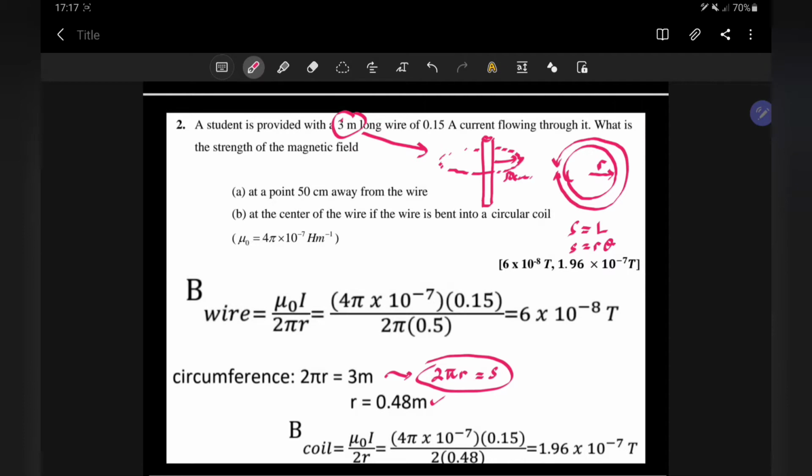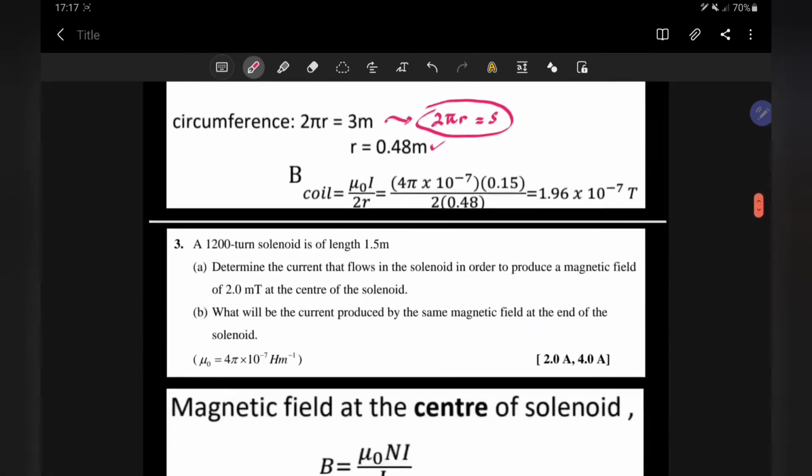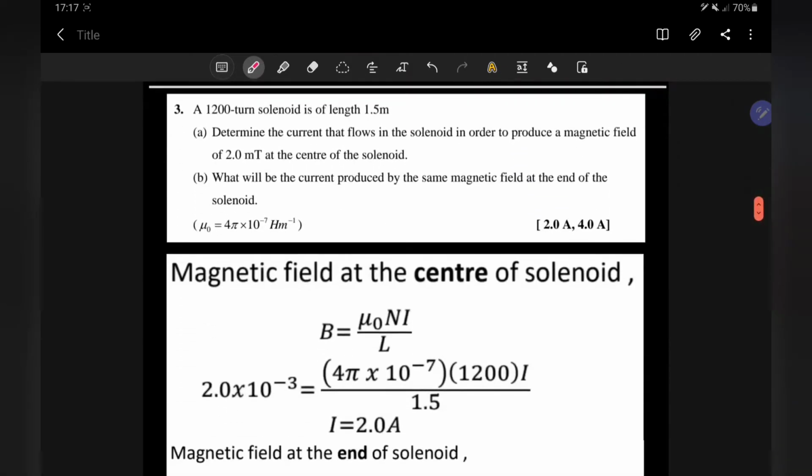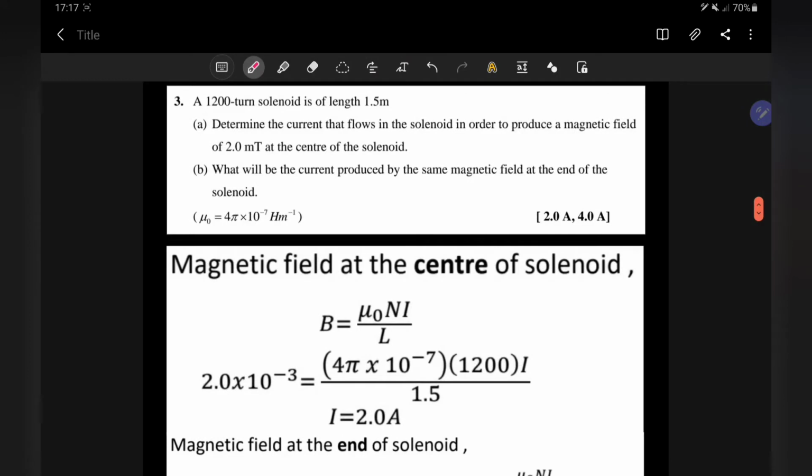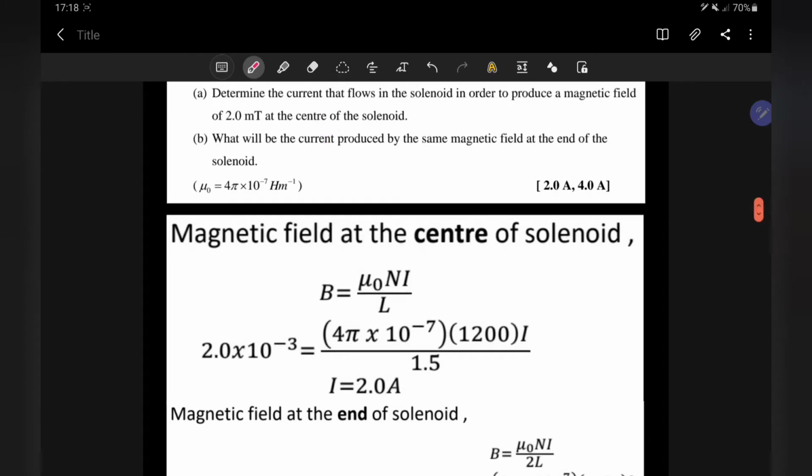Alright, next, question number 3. For question number 3, first, what do we have? This is the number of turns, which is N, and this is our length, which is L. So by giving you the number of turns and the length of the wire, they ask you to find the current. What is the current?